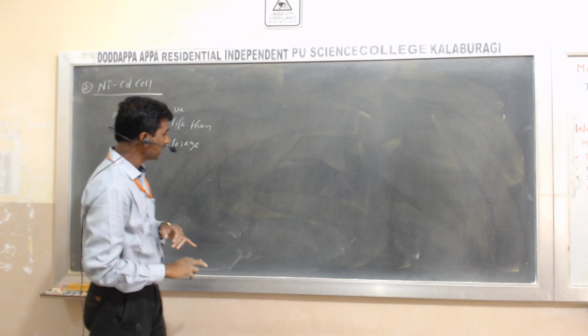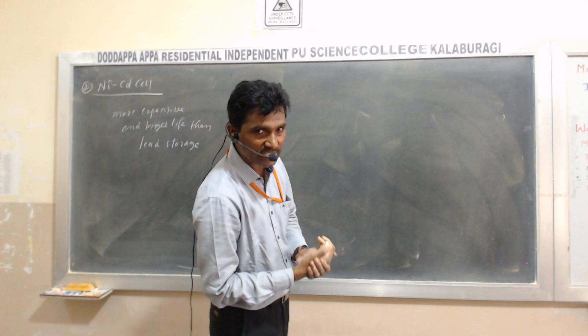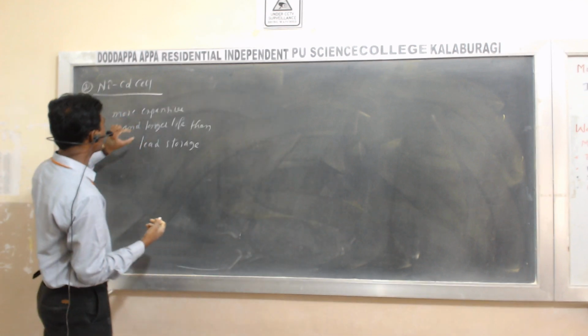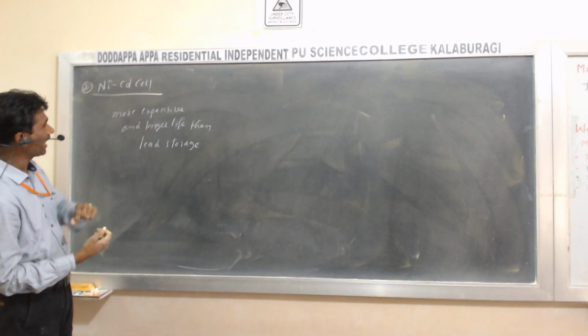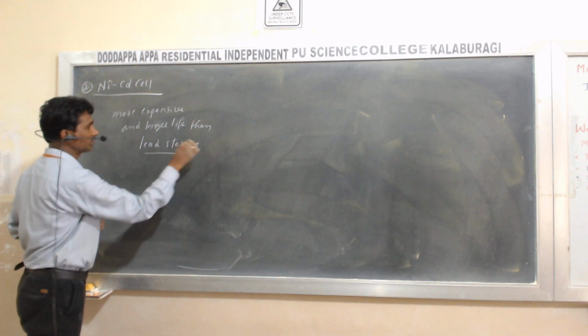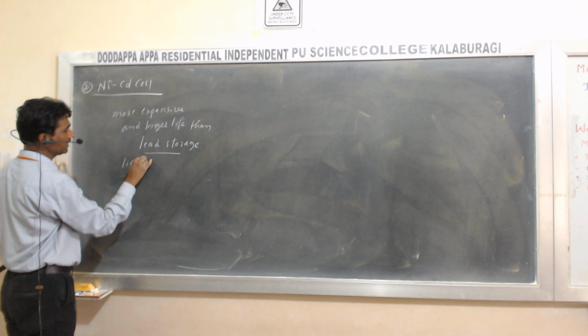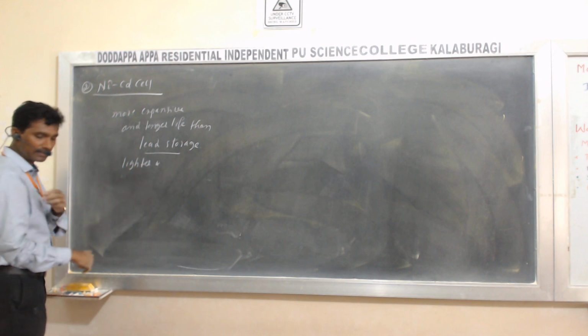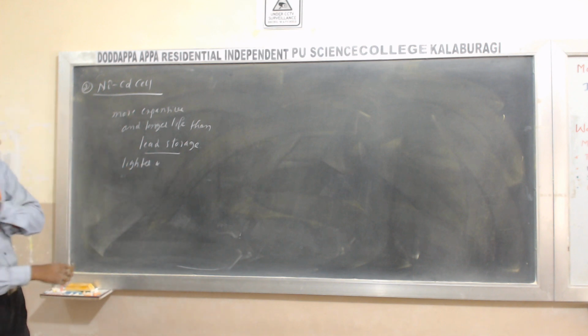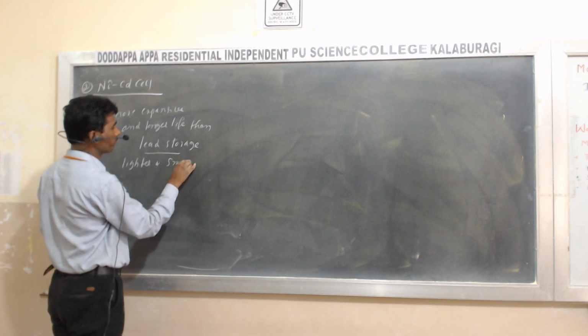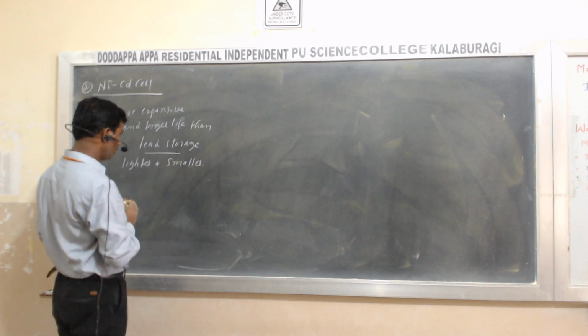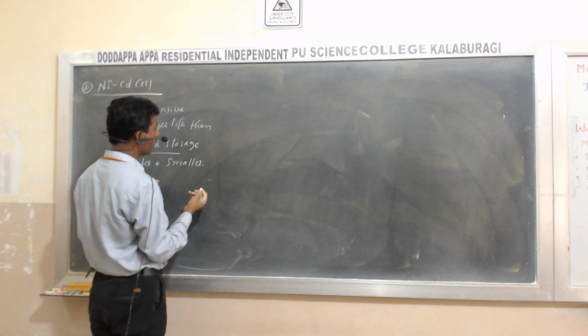Nickel cadmium cell is a storage cell, and it is more expensive and has a longer life than the lead storage battery. It is lighter, smaller, and portable. So here which is the anode?